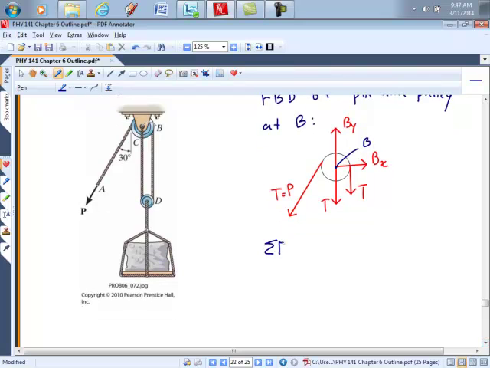So net force X equals 0. What forces are acting in the X direction? Bx. Okay, so that's 2 of my unknowns.